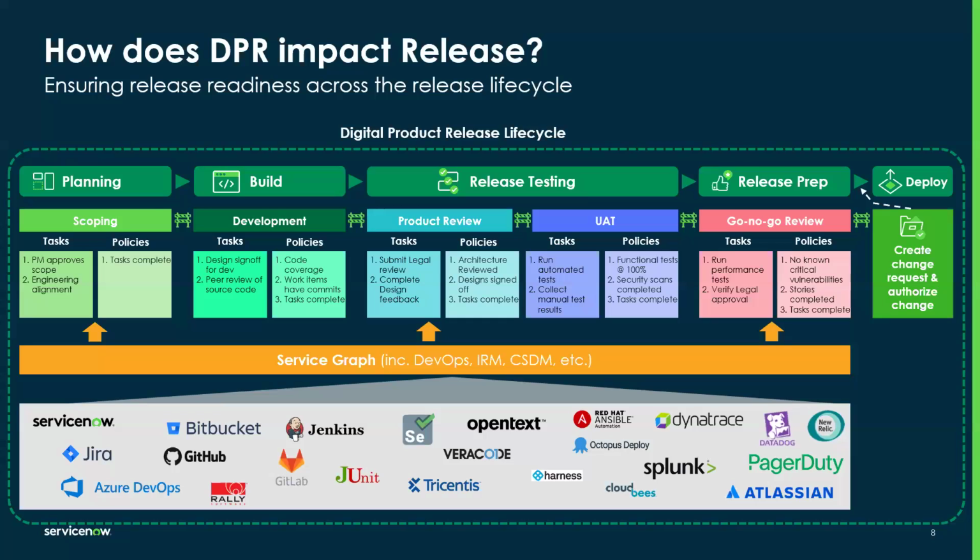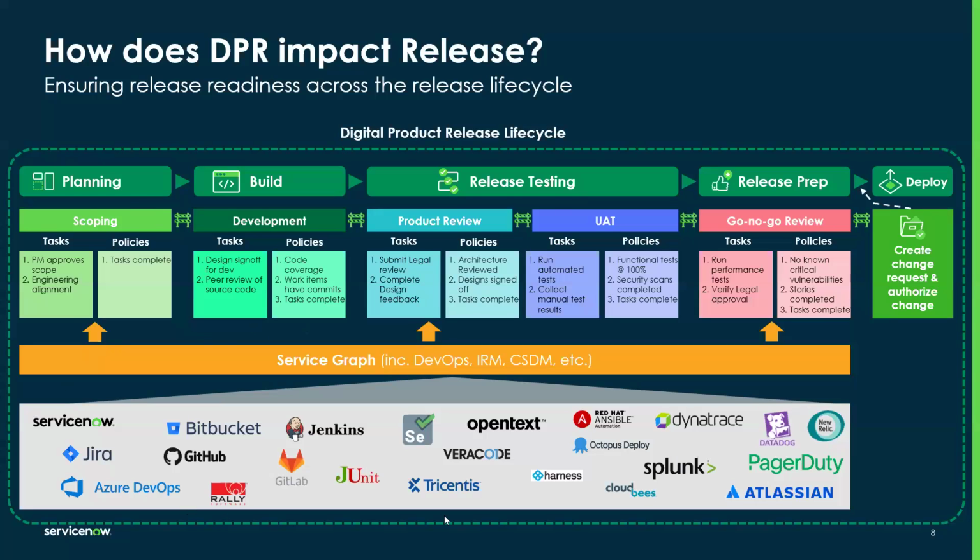So we ensure that everyone's on the same page and they know what is keeping this version of this product from moving on to the next phase, and ultimately verifying that the product is ready to be moved into production. So really, it's just a tool that orchestrates this whole process and acts as a gate to let everyone know when planning is done, we're ready to move to build, and so on.